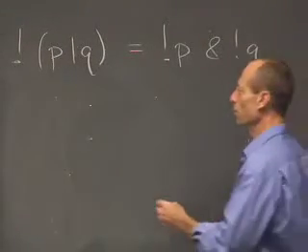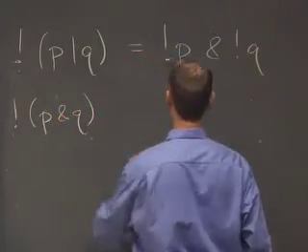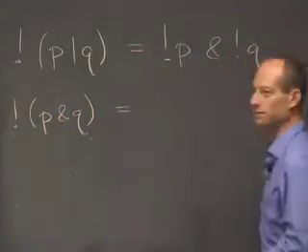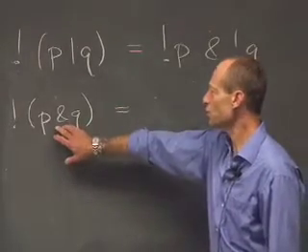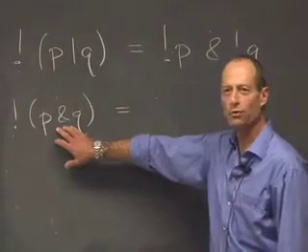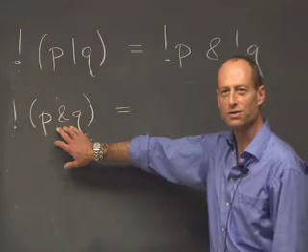Okay, what about not (P and Q)? P and Q is true only when they're both true, otherwise it's false.